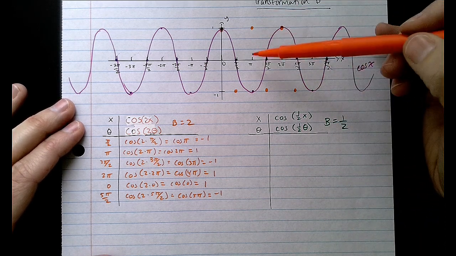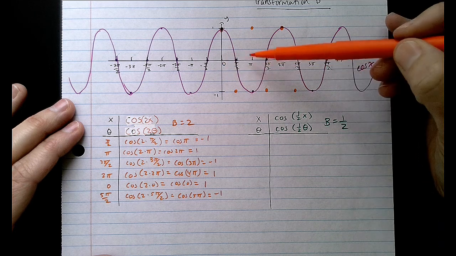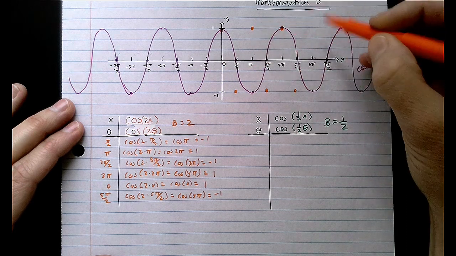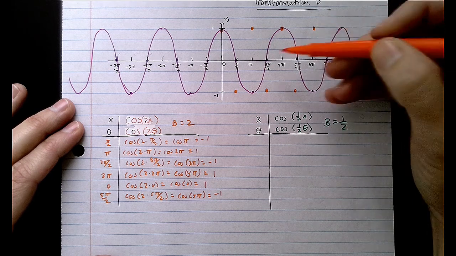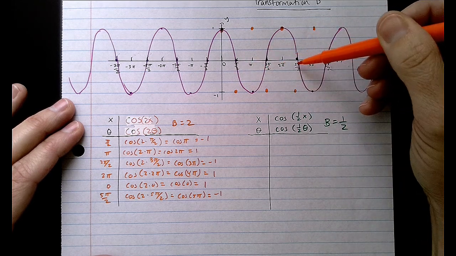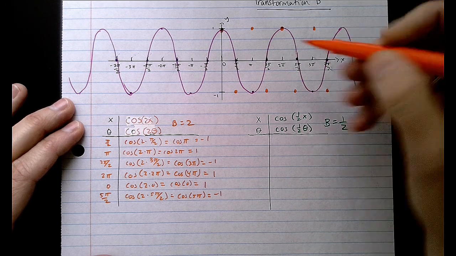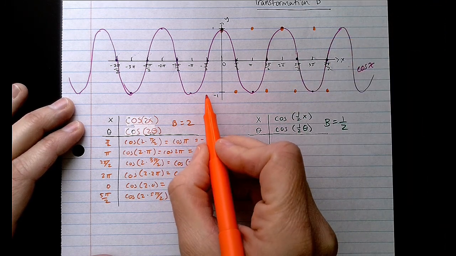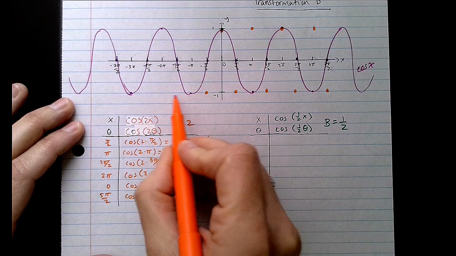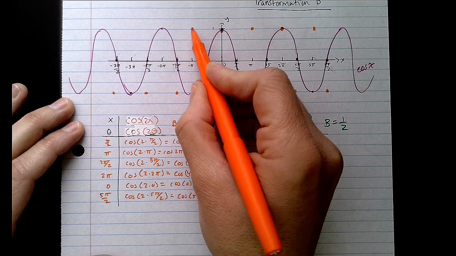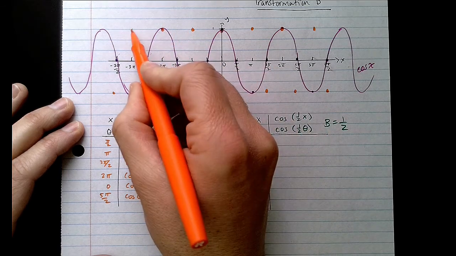It looks like at the whole pi's, so 0, 1, 2, 3, the point is up here at +1. But at the half pi's, it looks like it's down at -1. So let's continue that pattern over here. So -1, -1, -1, -1, +1, +1, +1.